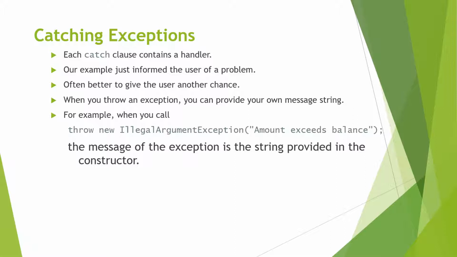As you saw, we can have a string inside the constructor of IllegalArgumentException and provide a more detailed reason for that exception. For example, we say amount exceeds balance, or you can even put the balance amount and the value of the amount that you're going to withdraw from the account, so that the user has a better idea of why the exception has been thrown.